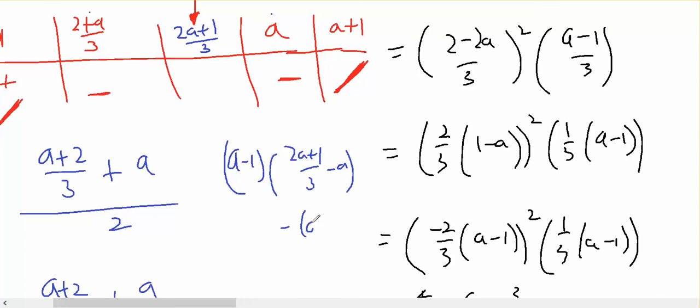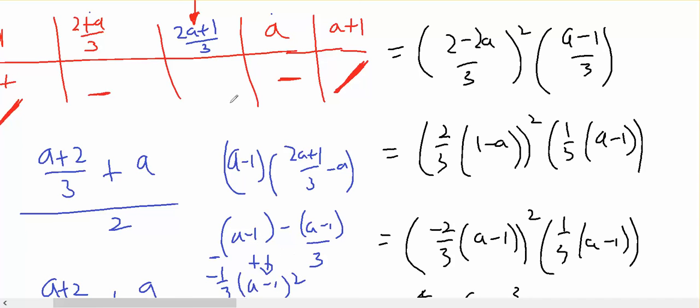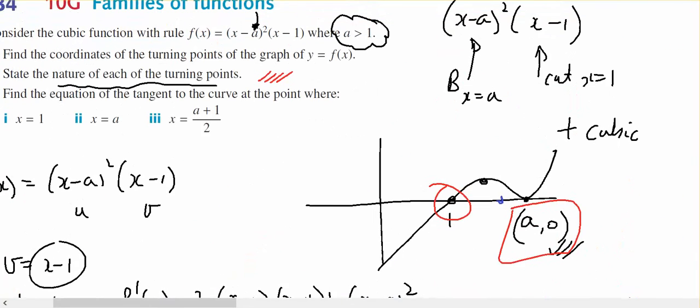So negative (a minus 1) on 3 times (a minus 1) gives me negative 1/3 (a minus 1) squared. This is positive, but this is negative. Negative times positive gives me a negative. So I end up looking like this. Therefore, there is my local maximum, and here is my local minimum. So as you can see, this is really a calculator question.